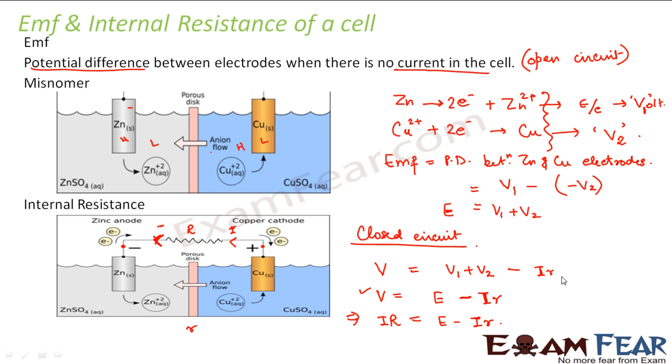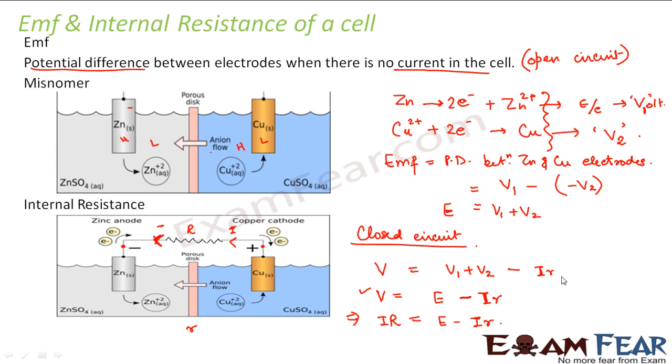So at that time, the potential difference between the two electrodes is nothing but the EMF of that cell. EMF of any cell is already defined. Whenever you are given a cell, you are told that this cell is of 6 volts. That means 6 volt is the EMF of that cell. But when you connect that cell in a circuit, the potential difference between the two electrodes decreases.